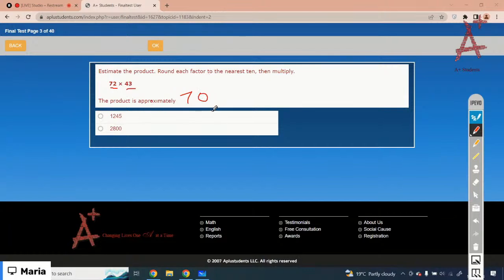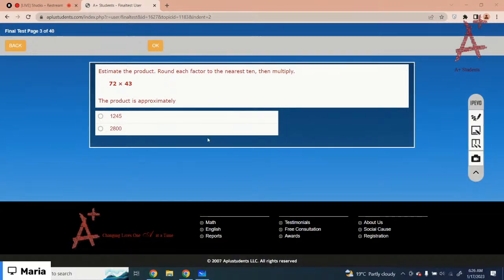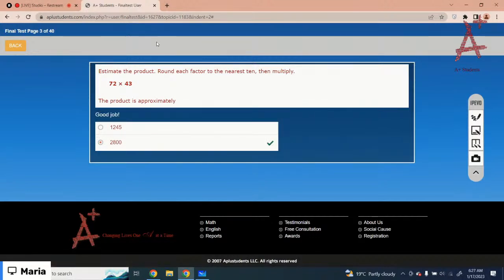And you have to round off 43 to 40. Then you have to use 7 times 4, that is 28, and add 0. So it would be 2800. Got it? The correct option is 2800. Just select the correct option, then click on the OK button.